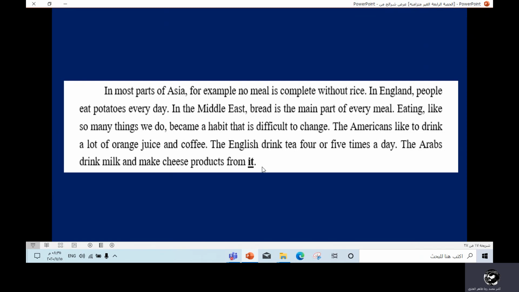Look at here, my dear students. This is the underlined it. So to find the answer, you have to read from this point. The Arabs drink milk and make cheese products from it. So the first option is here. I think you found the answer.